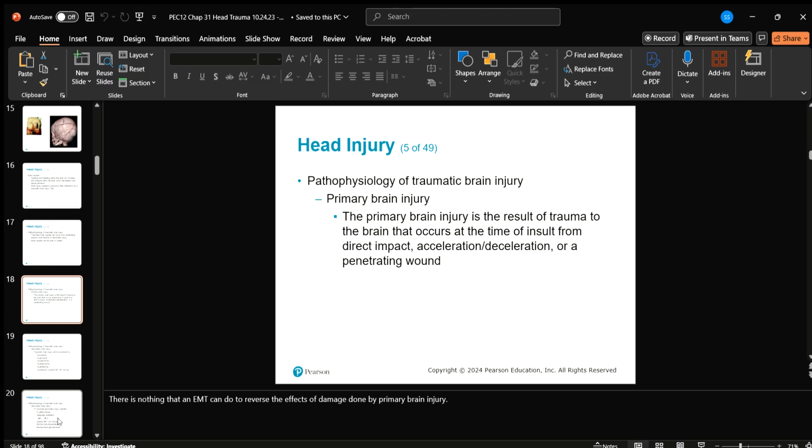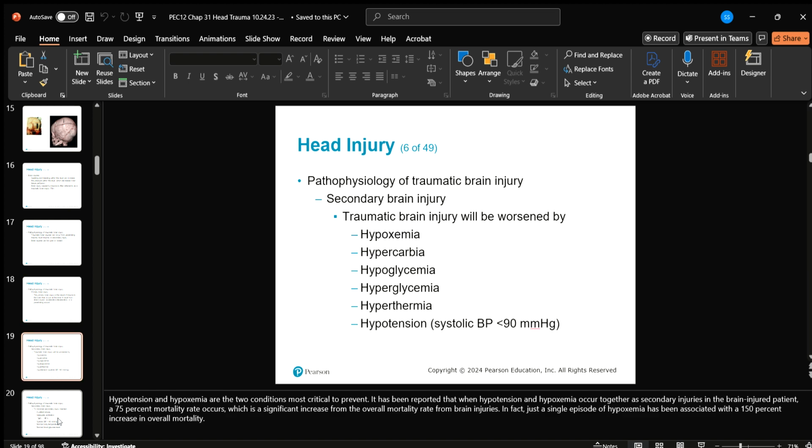What does our brain do? It's also going to slam forward. That's the coup. And then when we go back, okay, we have that immediate stopping. What is our brain going to do inside of our cranium? It's going to go back. That's the coup, counter coup. We have the front of the brain being injured. We have the back of the brain being injured. So that can be an acceleration, deceleration wound or insult.